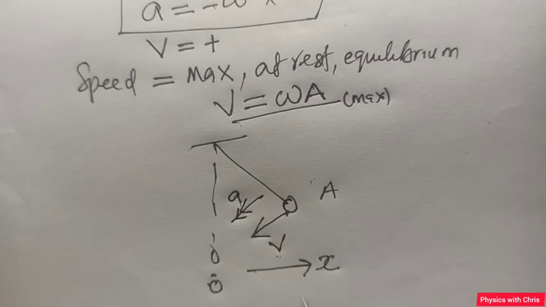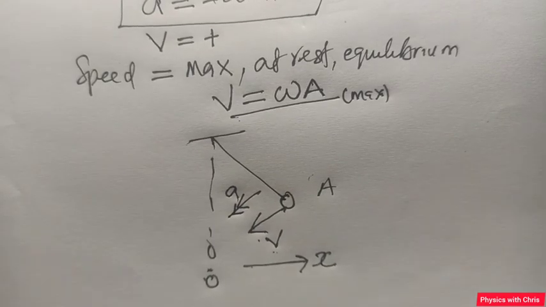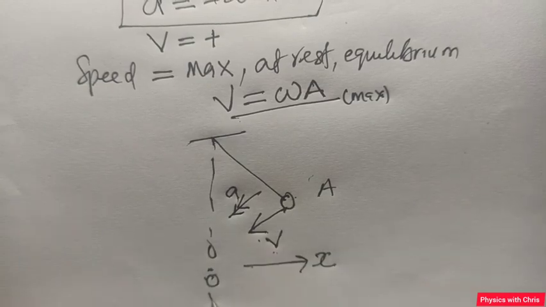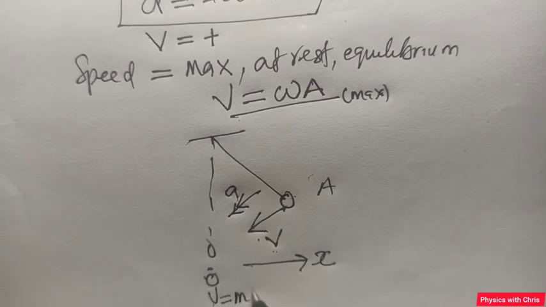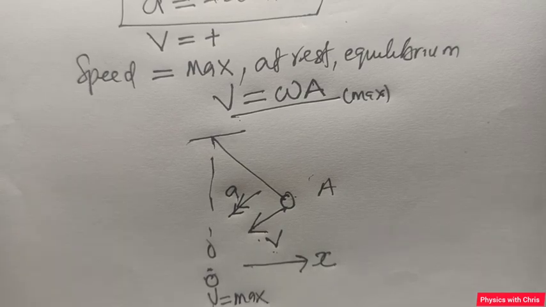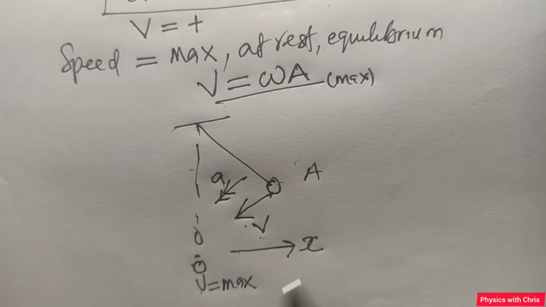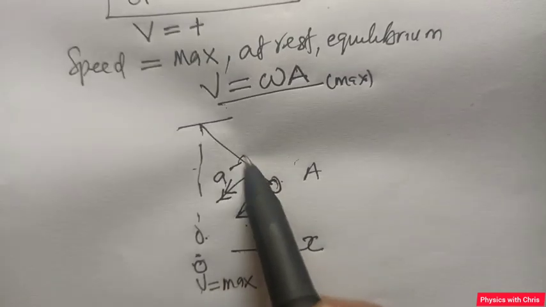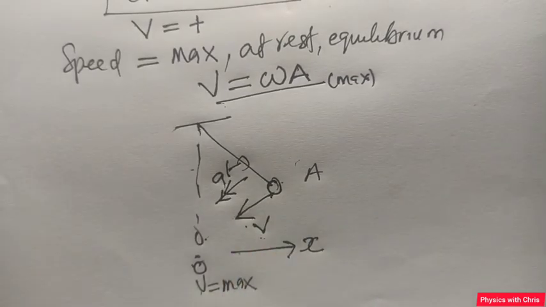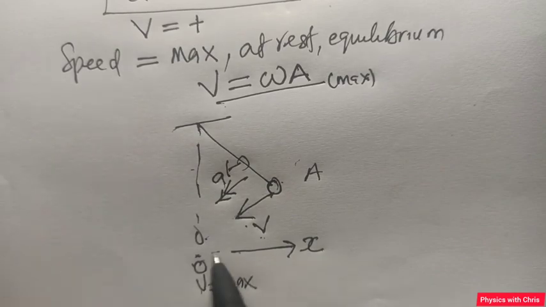So since acceleration and velocity have the same direction, as the ball moves from A to O, it speeds up. It moves with increasing speed and also becomes maximum at the center of oscillation point O. Considering acceleration and displacement, acceleration is still negative because it is pointing leftward, but displacement is pointing rightward.